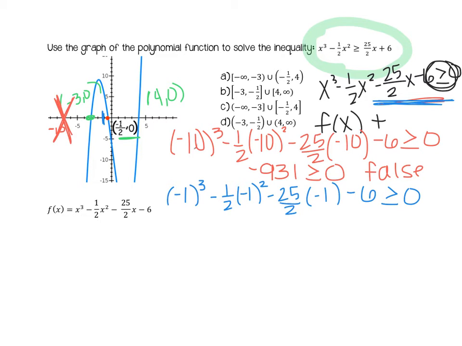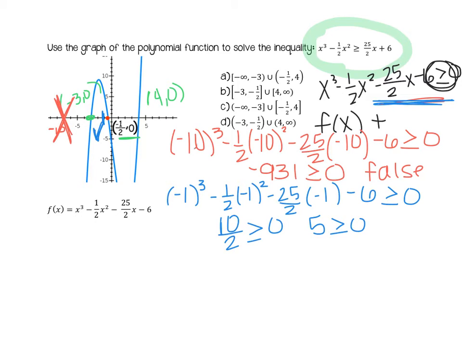Again, I'm looking to see if I get a true or false statement. It depends on if you turn it into fractions or decimals, but I end up getting 10 over 2 is greater than 0, or 5 is greater than or equal to 0. Either way, that's a true statement, and that tells me that I do shade in there.